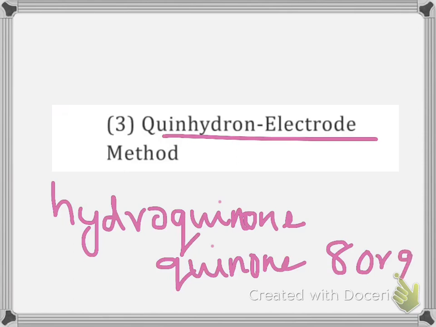So in this method, quinhydron is added to a solution, it separates into hydroquinone and quinone, and the pH is measured from the voltage between the platinum and reference electrode.